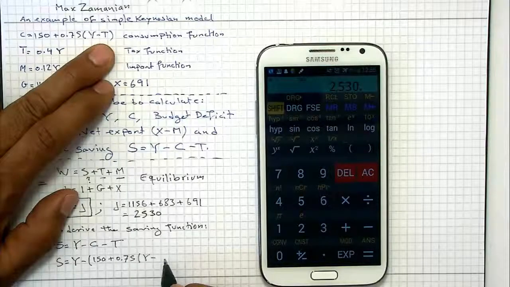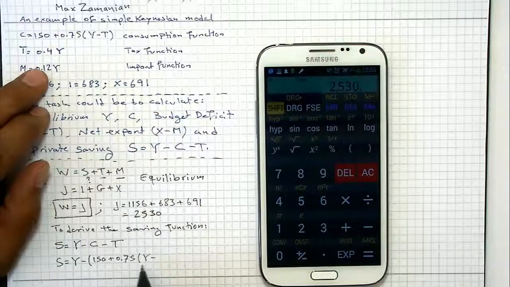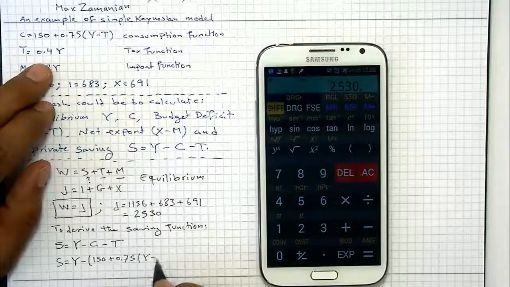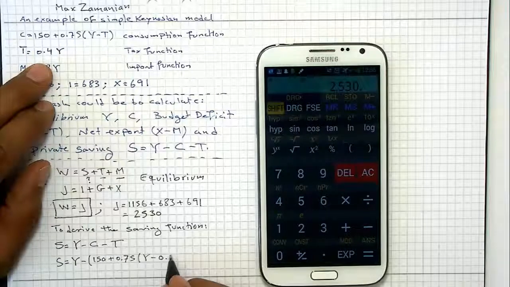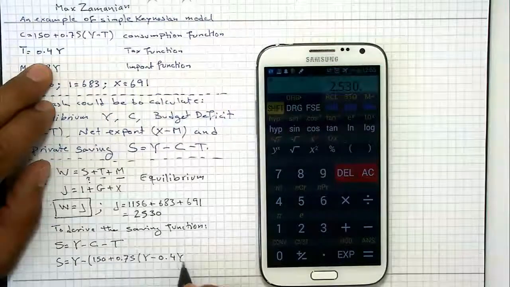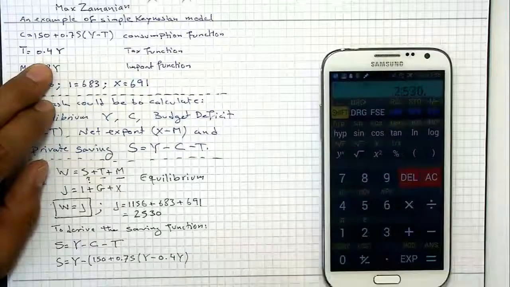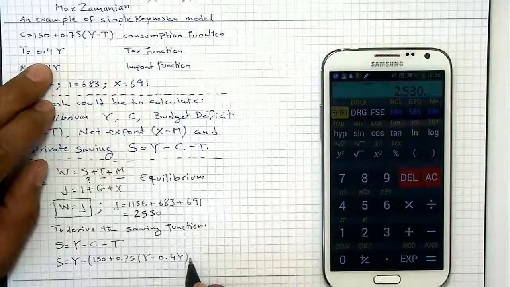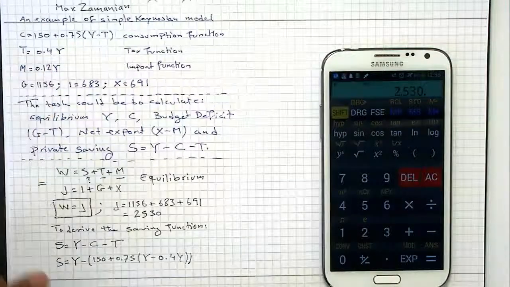I can get rid of this T because I only want to have Y, by the tax function, which is 0.4 Y. And then this is my consumption function. End of the parentheses.